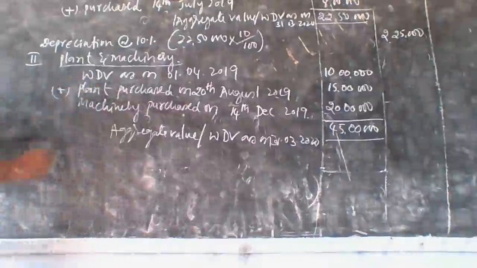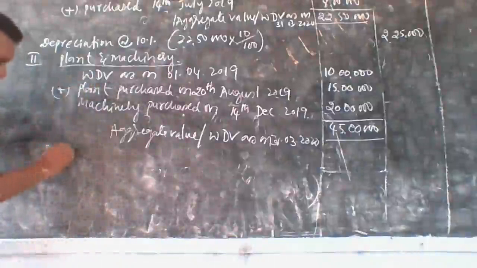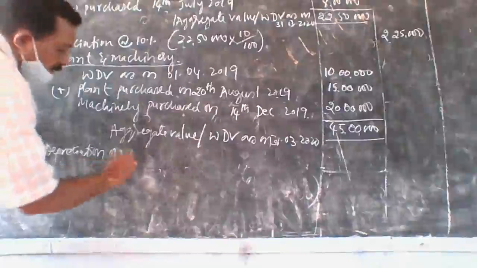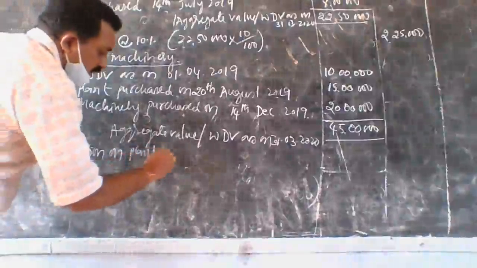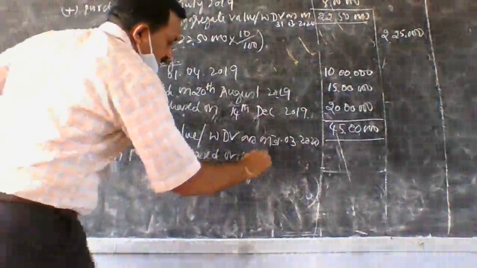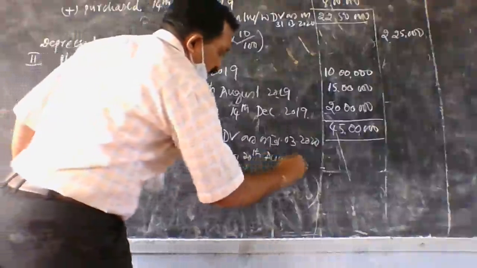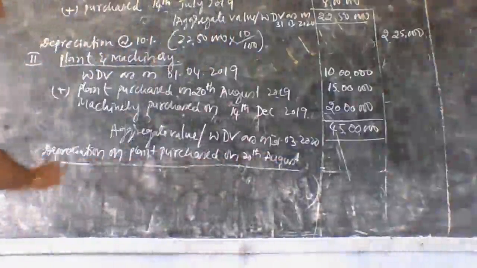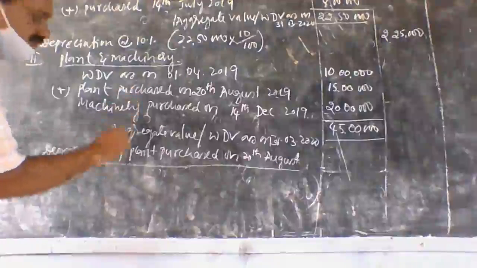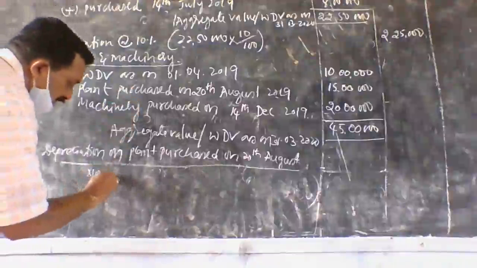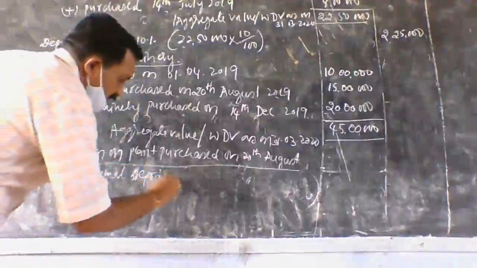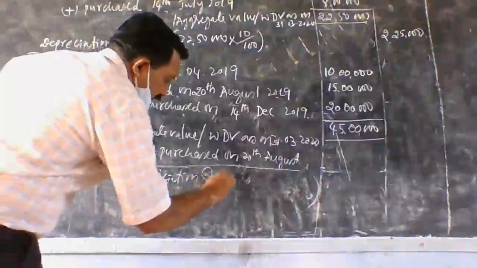So first, depreciation on plant purchased on 20th August. Normal depreciation at 15%.